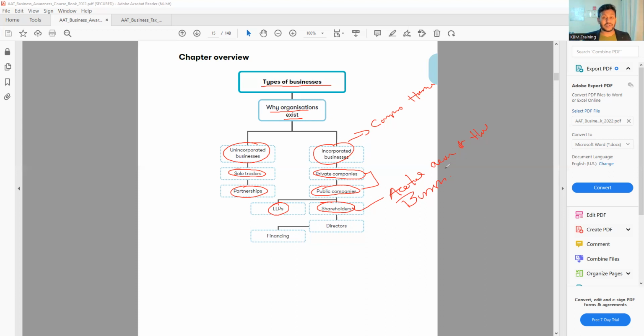So these people don't live here, they don't come here, they are the shareholders. So they are the actual owners of this sort of business, but they recruit some people, some employees, some directors, who run the business. They take all the responsibility to run the business, but the shareholders don't have to be involved if they don't want to.